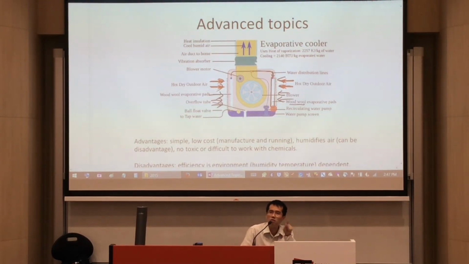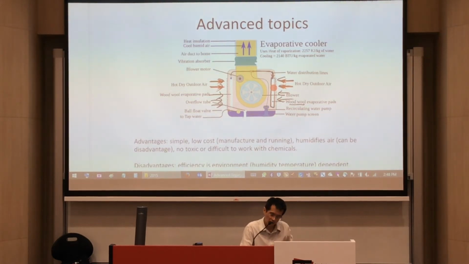So you could imagine that this wool now is wet. If it's too wet, then it will flow down and get trapped over here. And then the pump will just recirculate to make sure that this woolen pad is always moist.